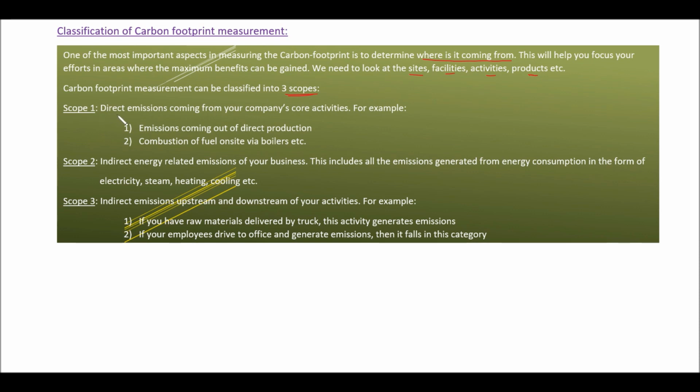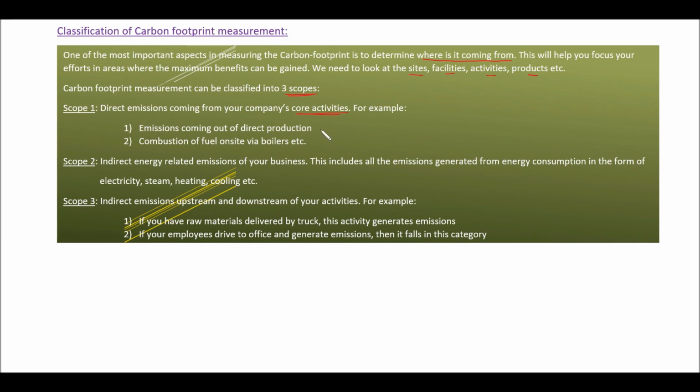Scope 1 is the direct emission coming from your company's core activities. For example, emissions coming out of direct production, or it could be consumption of fuel on site via boilers, etc. So this scope 1 is basically your direct emissions coming from your core activities.